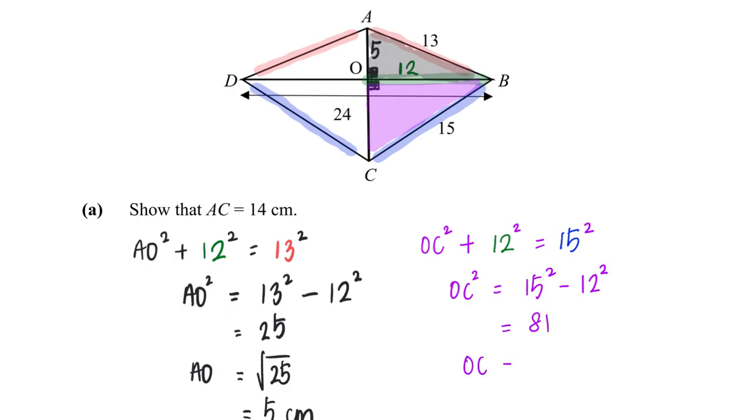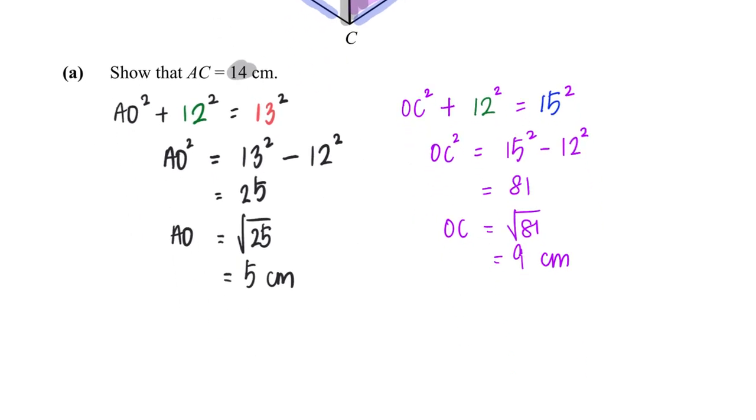So my OC is the square root of 81, 9 cm, and therefore the whole AC is indeed 5 plus 9, 14. So the final part, of course, therefore AC is equals to 5 plus 9, 14 cm. Shown.